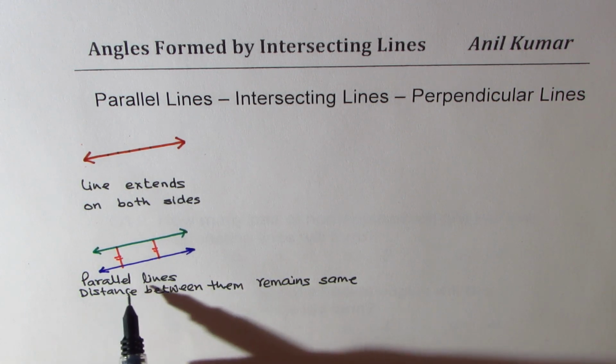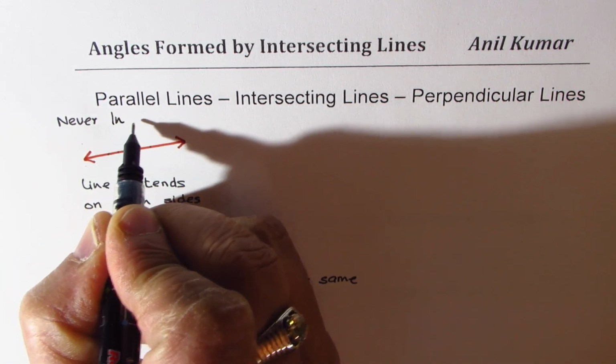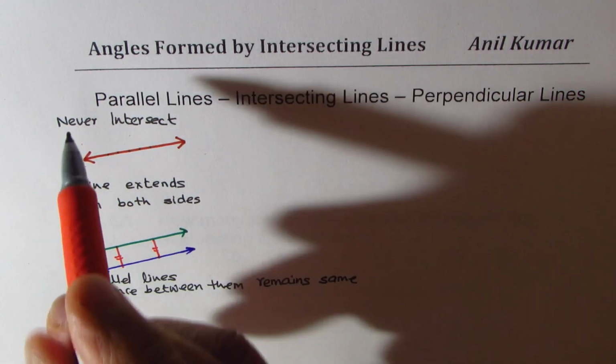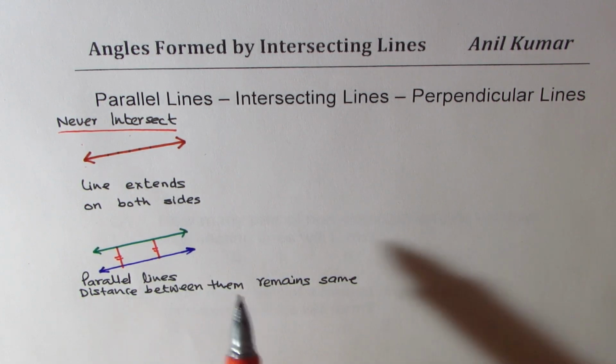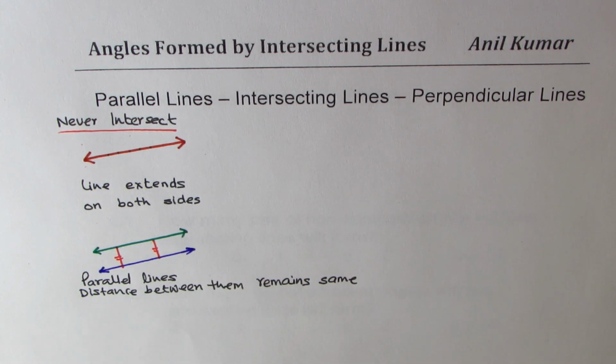So we have parallel lines which never intersect. So that is what parallel lines are. Now, that is to say, even when you extend them, they will not intersect. Right? Like the rails. Like two ends of this paper on which I am working. So the two edges of this paper, they never intersect. They form parallel lines. Okay.